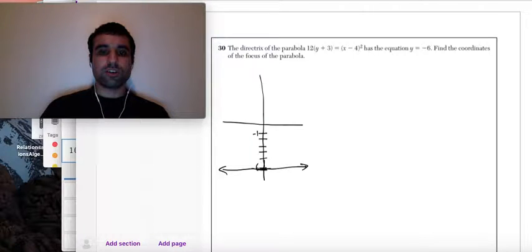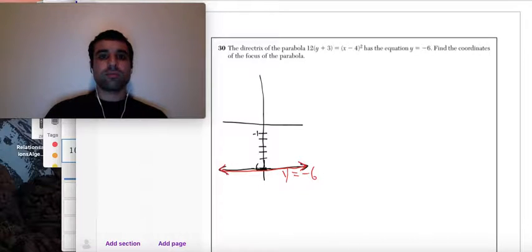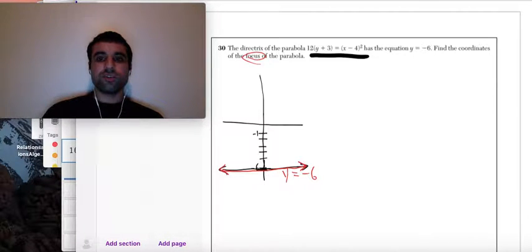All right, and I'll even color code that so that we could see that this is not the x-axis. I didn't put arrows on the axis. So this is the directrix y equals negative 6, and we won't need to go below that. Now, that's the directrix. Find the coordinates of the focus. That's going to be a single point. What we'll do is we'll just convert this equation.